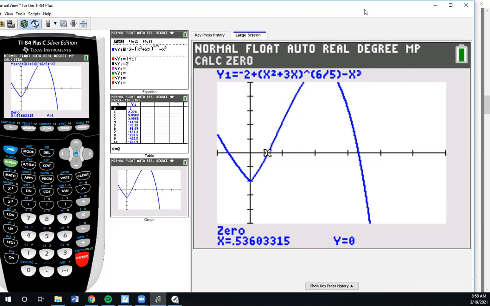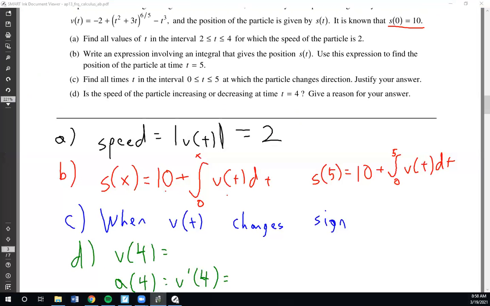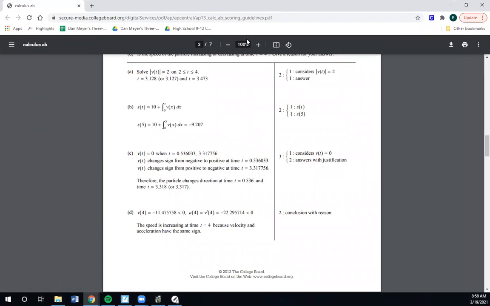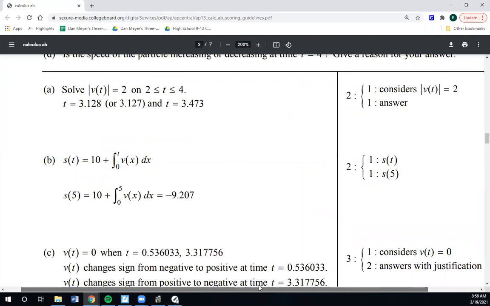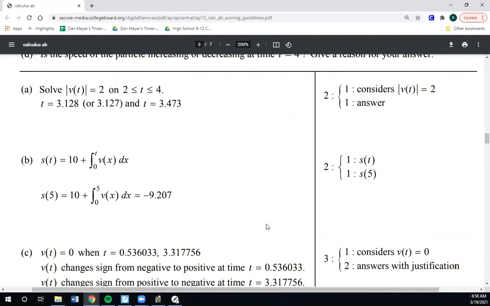All right. So let me just show you the rest of the answers for this problem so that you can check your work. And I'll talk about how it was scored as well. If you'd recognized that speed was absolute value of velocity and checked where that was 2, if you wrote that down on your paper, then you got a point.